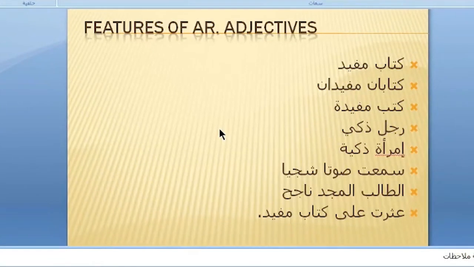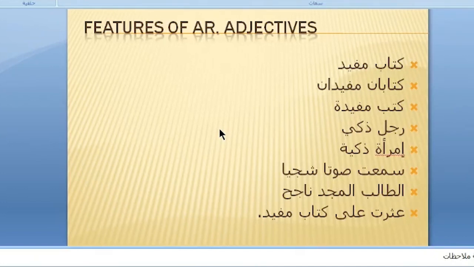So here, kitaban mufidan, we have a dual number. Of course, in English, we don't have a morpheme that shows we have the number 2 in the same word. So how can we compensate, يعني شلون نعوض? We use the word two, اللي هو الرقم 2.